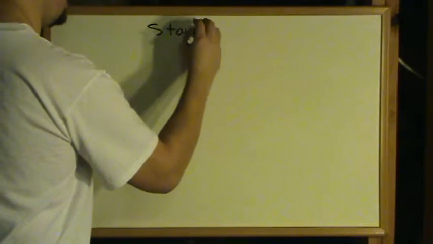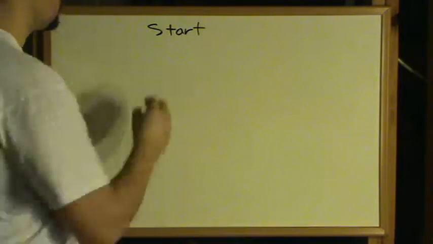Most every item in a flowchart is going to be a block. They won't all have the same shape, but most of them are going to be rectangular. And you always have a start block, kind of like in a race.